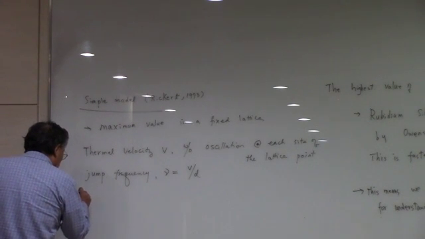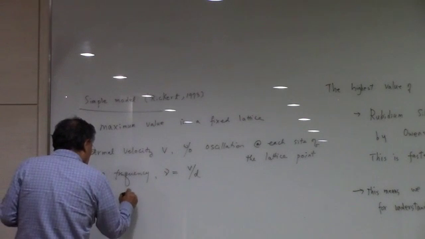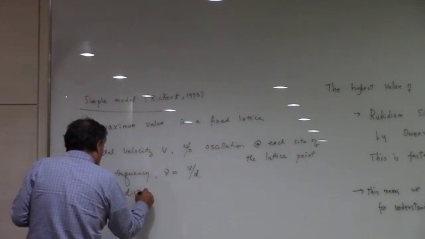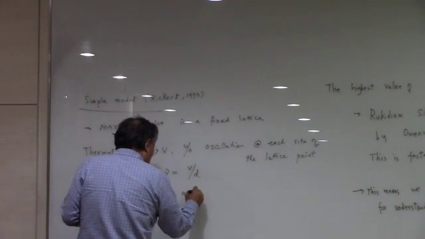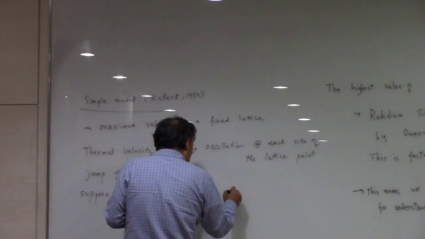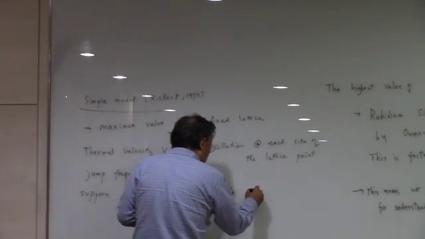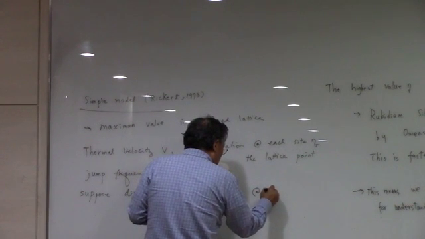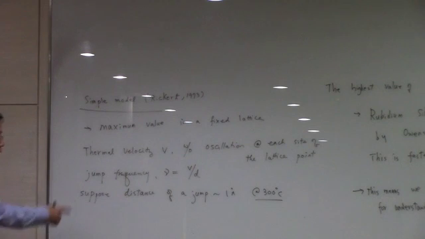Let's suppose the distance of a jump is like 1 angstrom at 300 degrees centigrade. It's not room temperature.